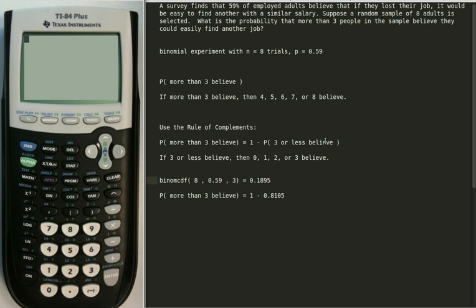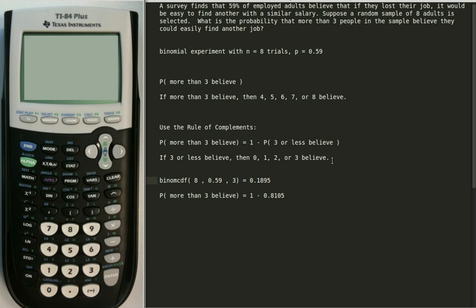Okay? So again, it might be helpful to break it down into exactly the numbers that you're looking at. The opposite of 4, 5, 6, 7, or 8 believing is that 3 or less believe, which would mean either 0 people, 1 person, 2 people, or 3 people believe out of the people that we surveyed. That would be the complement of this event.